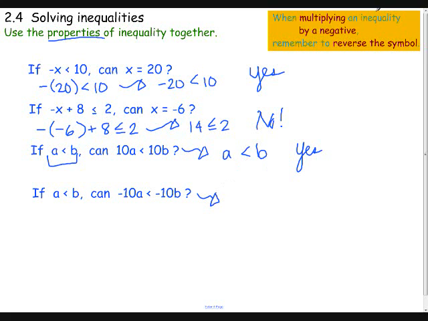And when we multiply an inequality by a negative, we reverse the symbol. So we'll end up with A greater than B. So, no, that's not going to work.